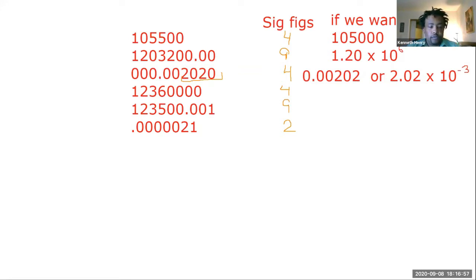Okay. So the next one is going to be 1, 2, 4. Is the next one going to be 1.24?